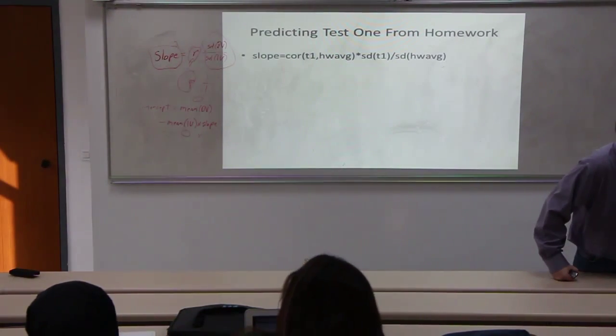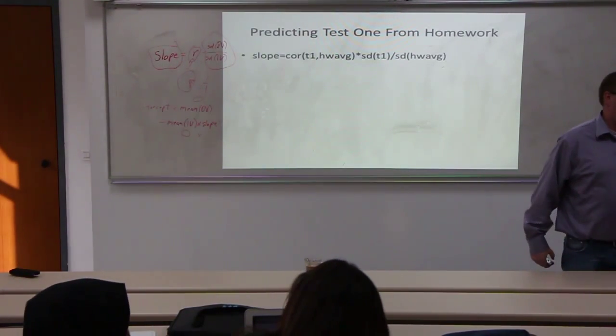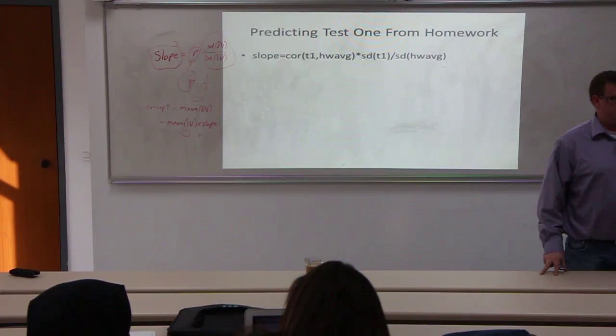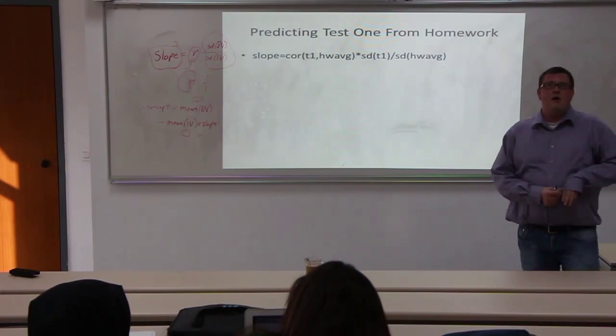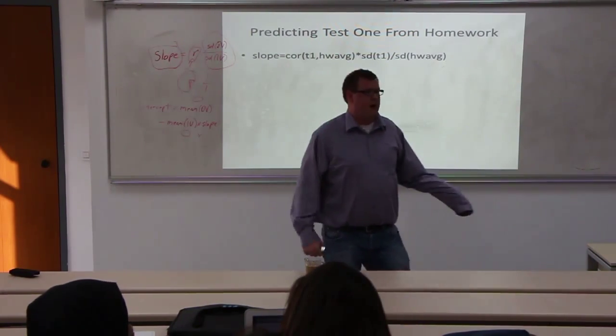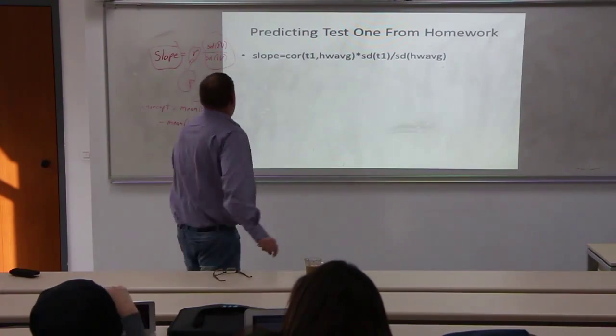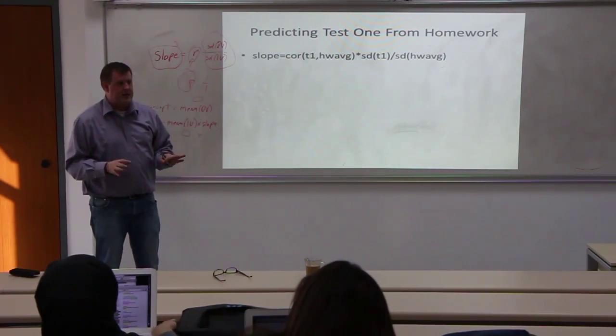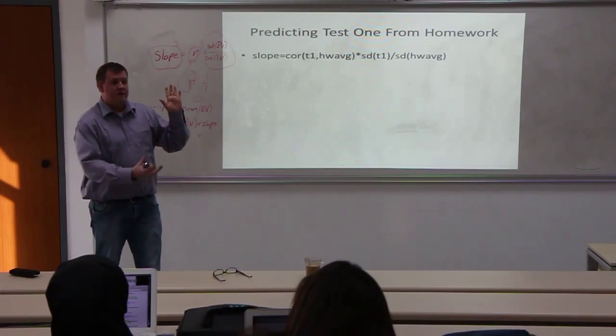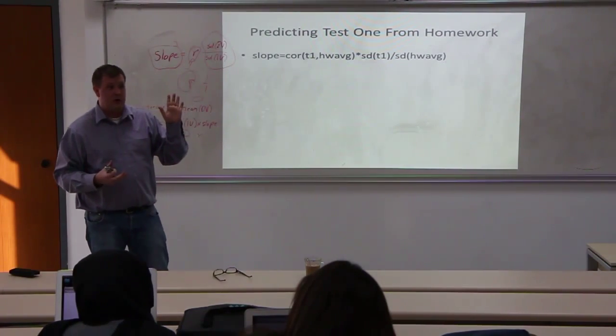We're taking the slope with two independent variables, but now we're just making test 1 the dependent one. Yes, that's exactly right. Ultimately, what we're trying to do is predict test 2 scores from homework and test 1 scores.